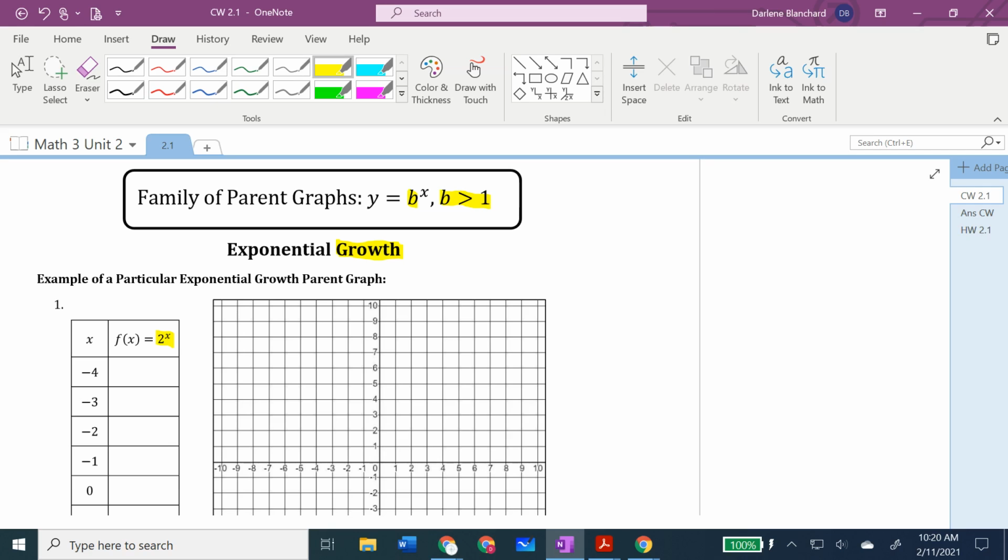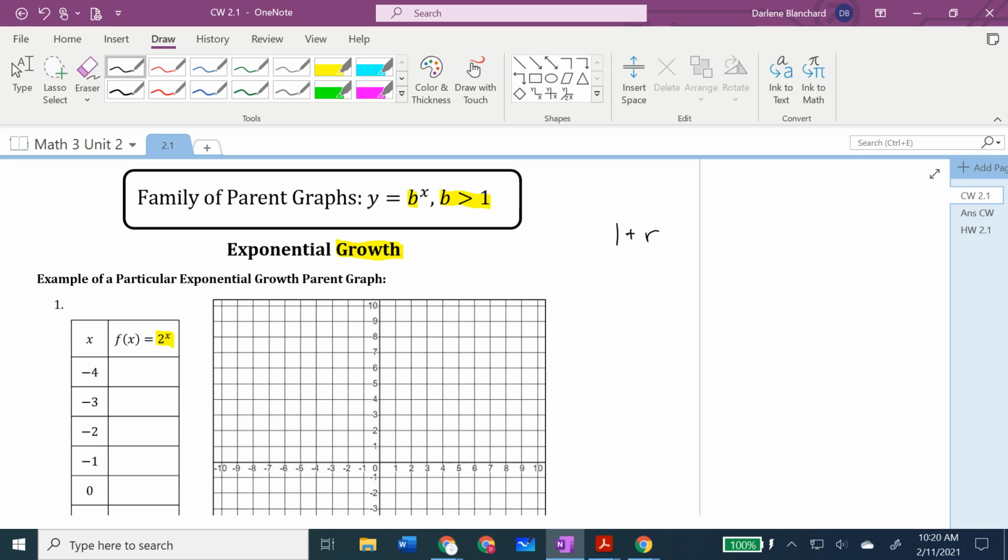And just to let you know and remind you of some things that you've learned about before. When you are dealing with investing money, that B number is always 1 plus your interest rate. And that rate written as a decimal number.